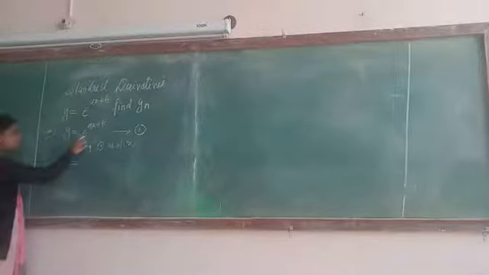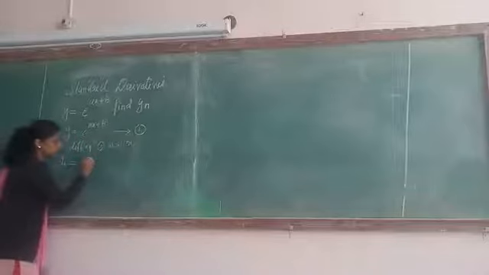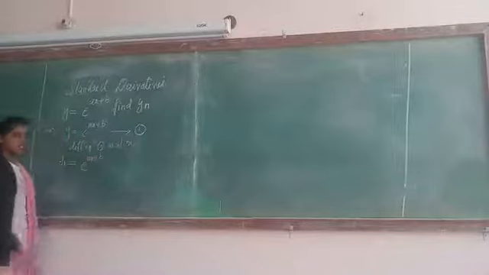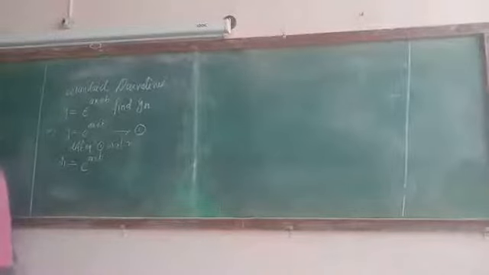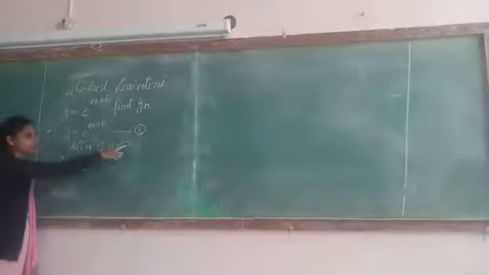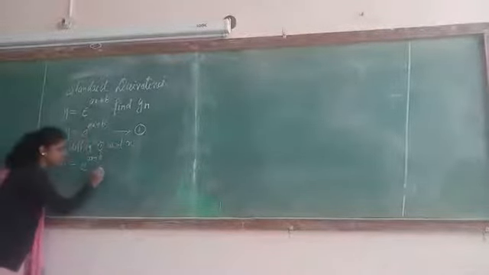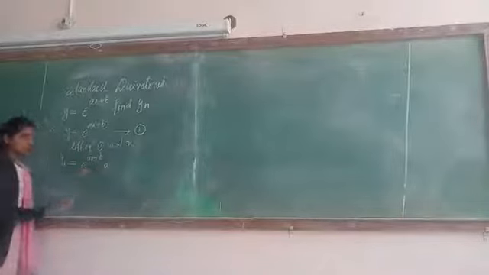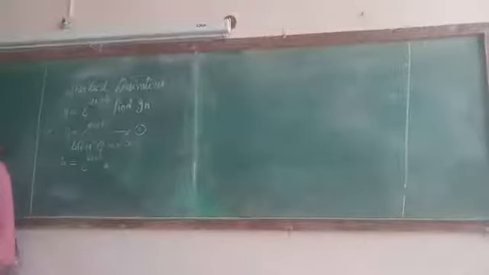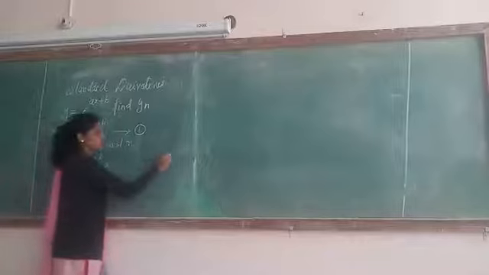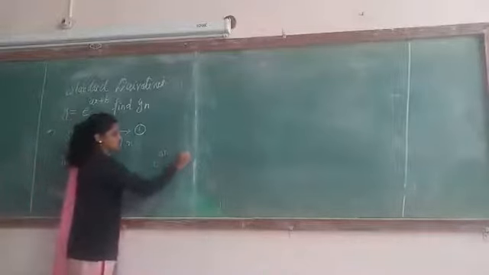Okay. So derivative of e to the power ax plus b, differentiating with respect to x, what will we get here? Already you have studied, no? Derivative of e raised to ax is a into e raised to ax.